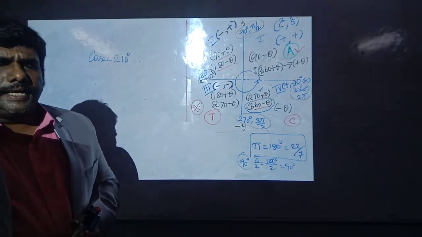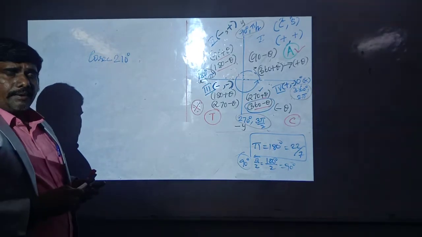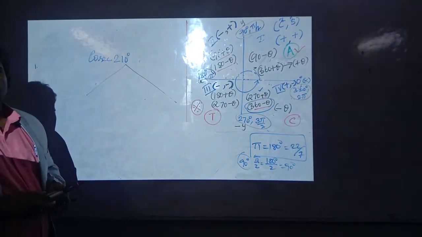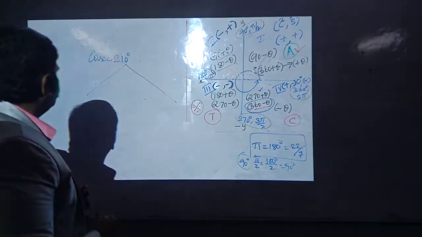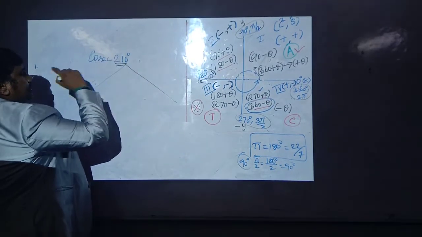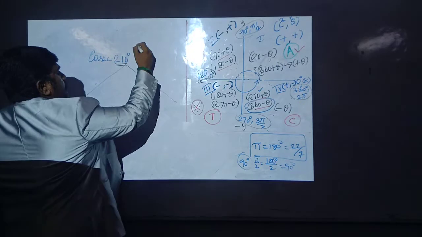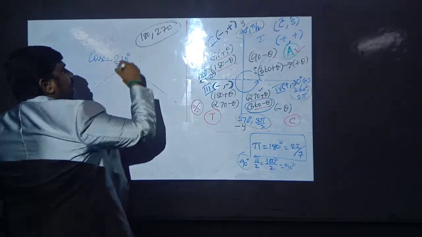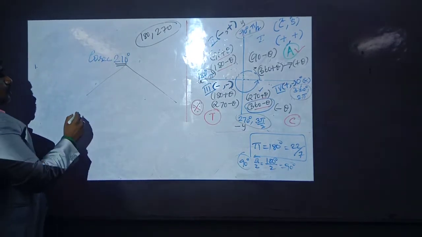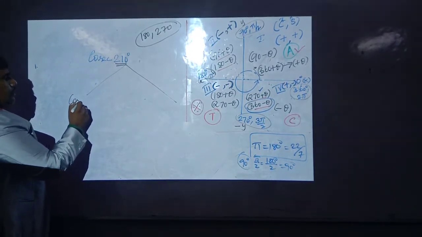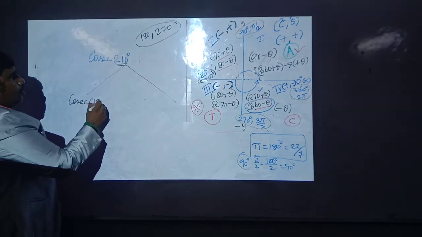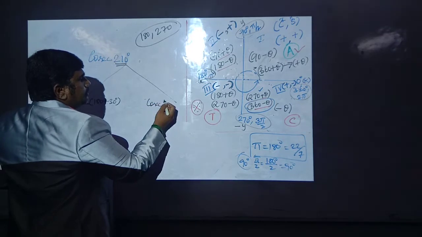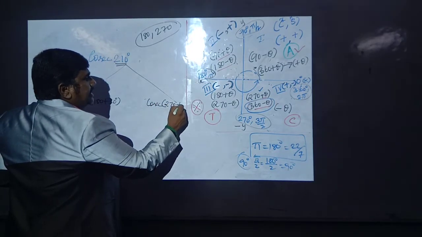This cosecant 210 degrees can be found out in two ways. 210 is nearer to 180 and 270, the standard values we have known. So I can write cosecant 210 as cosecant of 180 plus 30 degrees, or cosecant of 270 minus 60 degrees.